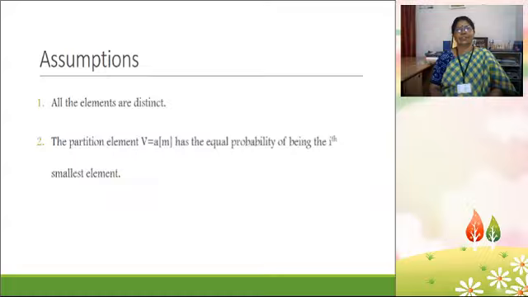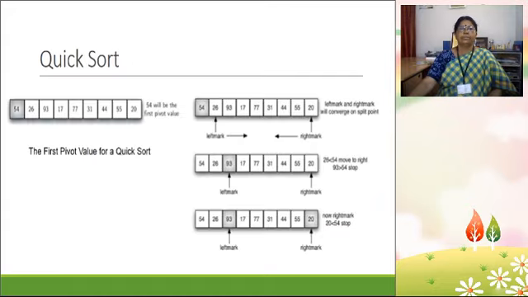So we cannot say that the given element will be the smallest element. Every element has an equal probability. Based on these assumptions, let us proceed to the quicksort algorithm. As I said earlier, the first step is finding the partition element. You'll understand better if we discuss an example.